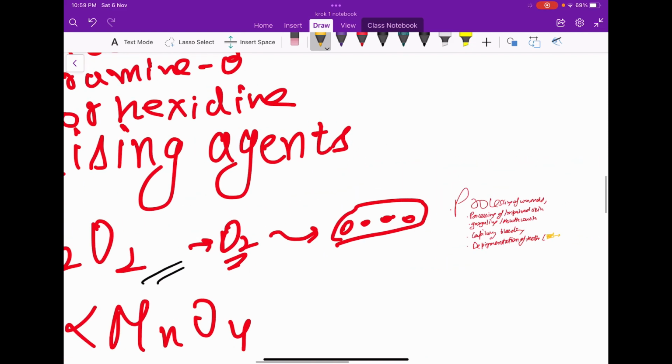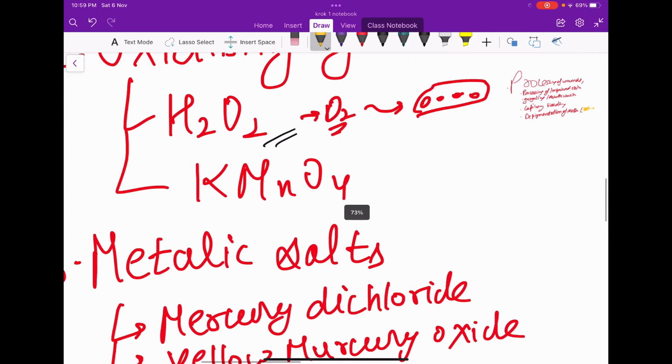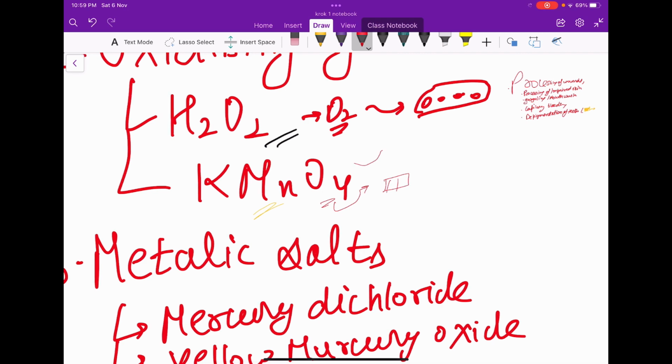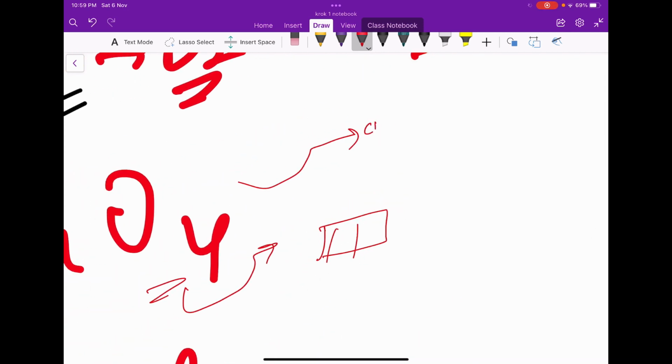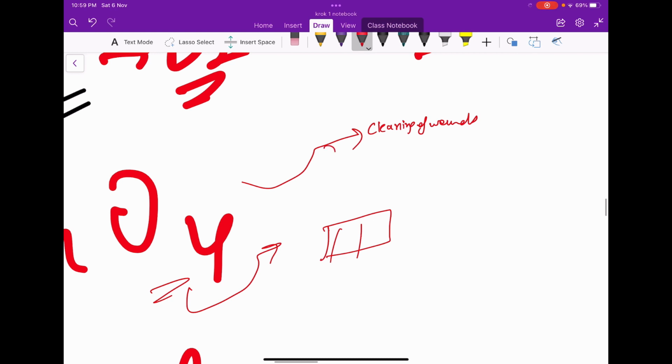Thereafter, let's move towards the other one, that's potassium permanganate. For potassium permanganate, guys, it has much the same effects. It also has the same mechanism, such as the release of oxygen. Thereafter, it also works on the free radical mechanism principle. Again, it has indications such as irrigation of purulent wounds, or say the cleaning of wounds. Thereafter, gargling and mouthwash again.